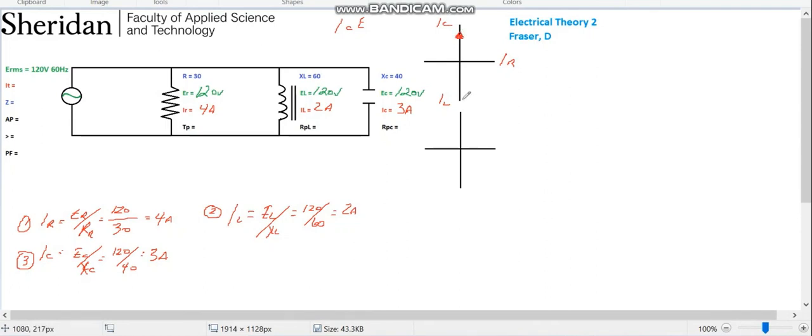So I'll put that right there. IC is 3 amps. IR we're saying is 4 amps, so I'll write that there. And then IL is 2 amps, so I'll put that somewhere over there.